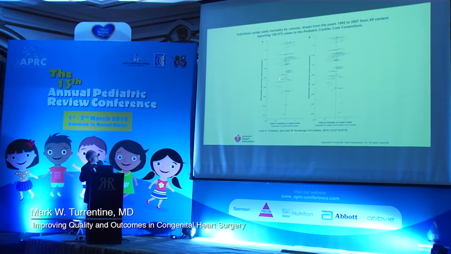There's a number of green dots here. And so the odds of mortality in an institution, the over-under, is around 150 cases. So in this study, if you did fewer than 150 cases a year, you had a higher probability of having mortality risk with your program. If you did over 150 cases a year, your outcome risk went down.